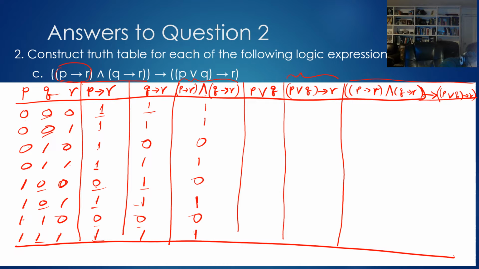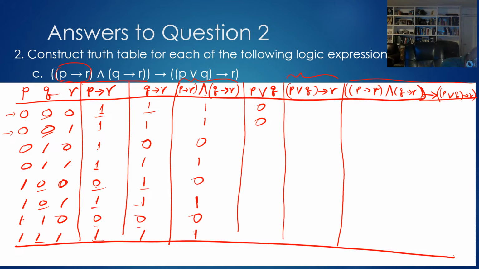And then P or Q: the value is going to be 0 only when both P and Q are 0, right? So in this case, you're going to get 0.